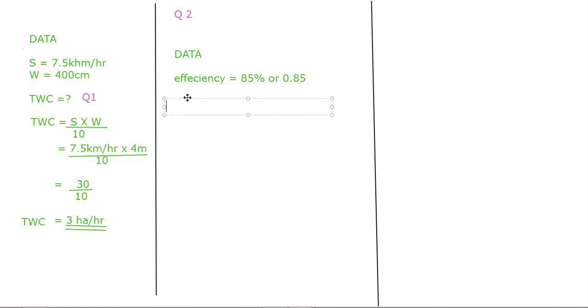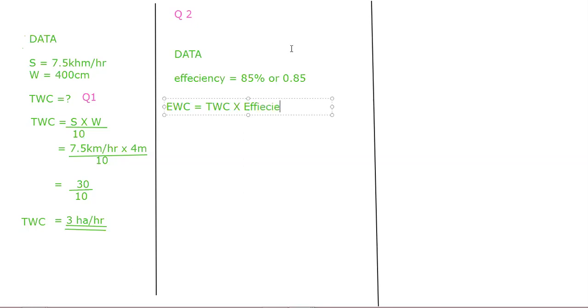Actually, we can have the formula for effective work capacity. The effective work capacity is equal to the theoretical work capacity times the efficiency of the machine.